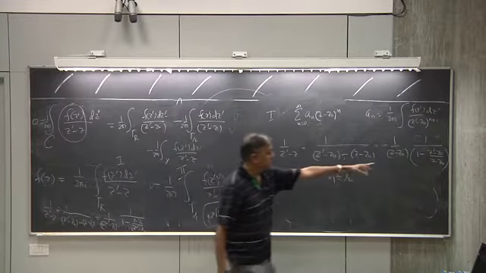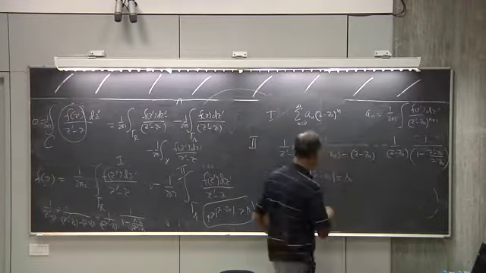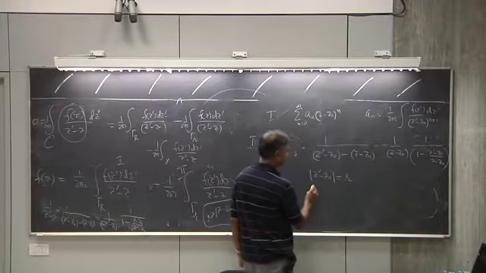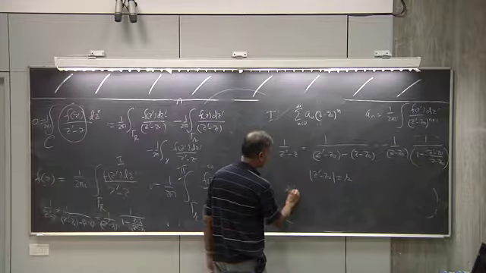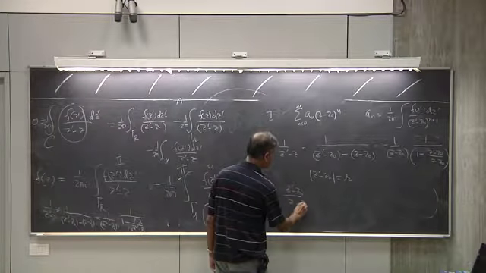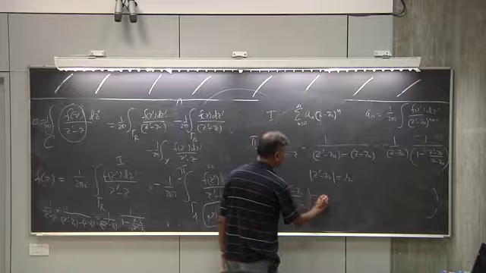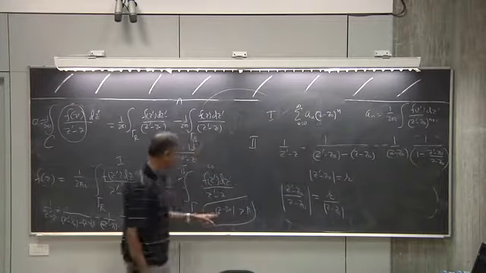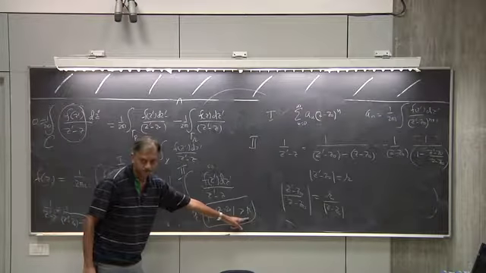And now this is less than 1, because z prime minus z0 divided by z minus z0 in absolute value is simply r divided by the absolute value of z minus z0, and the absolute value of z minus z0 is greater than r.